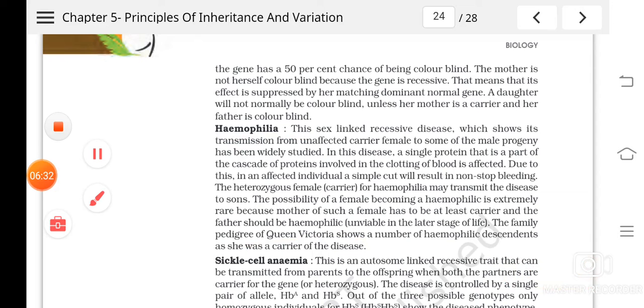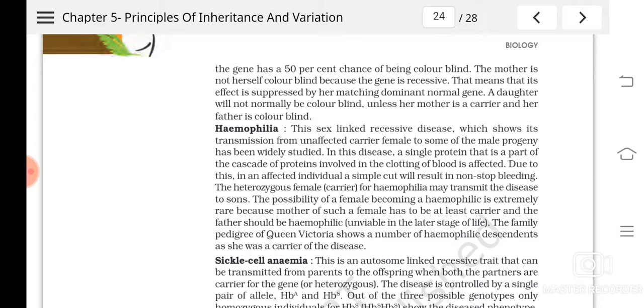The pedigree analysis of Queen Victoria shows a number of hemophilic descendants, because she was a carrier, and she gave this disease to her sons.